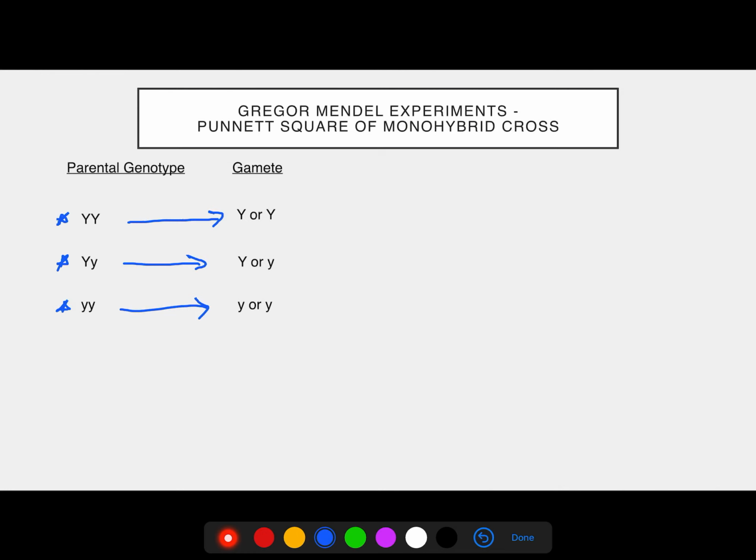So Gregor Mendel did all this math. He did all these analyses of different genotypes and phenotypes of different generations, from P to F1 to F2.